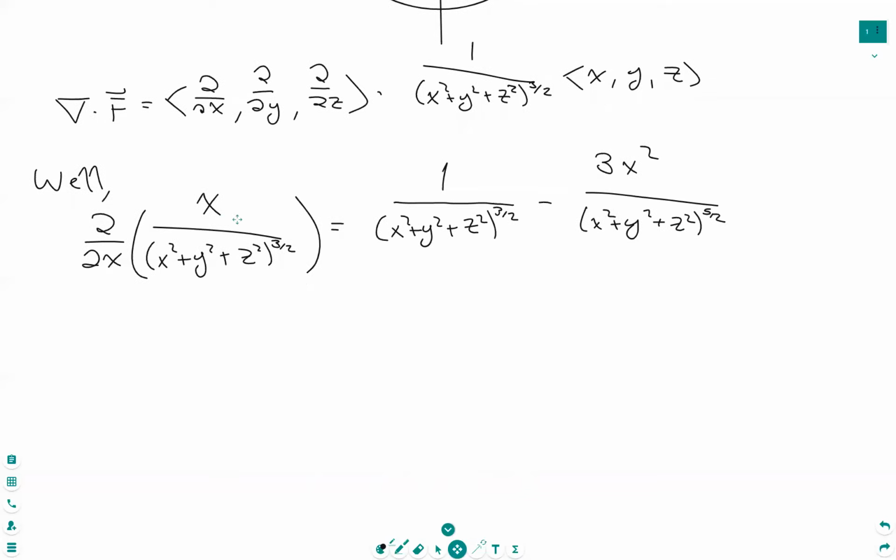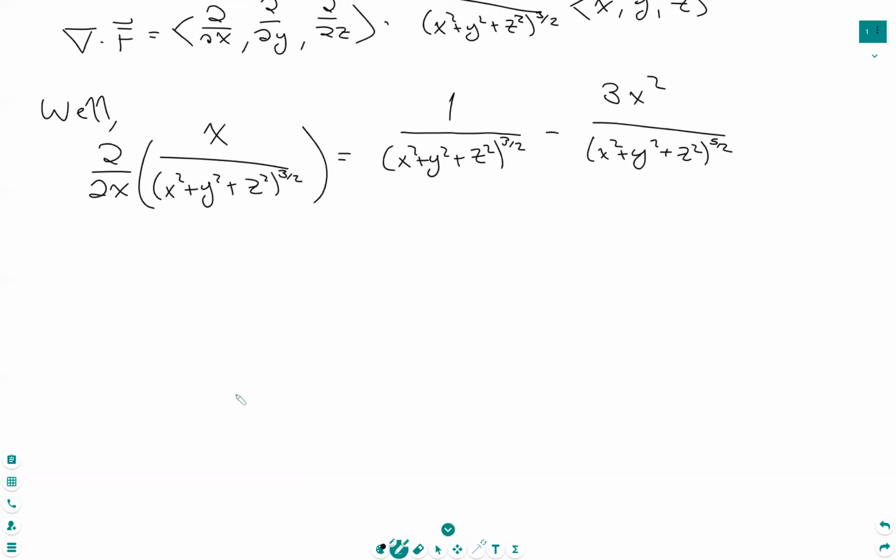So you can imagine if I take the y derivative of y over this thing and the z derivative of z over this thing, I get very similar forms here.